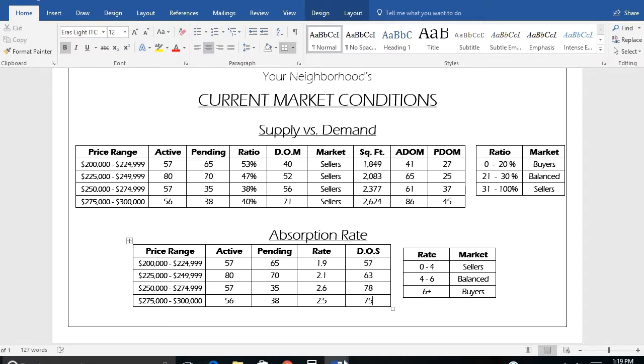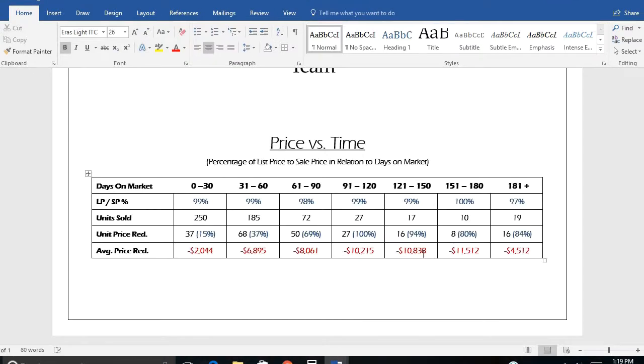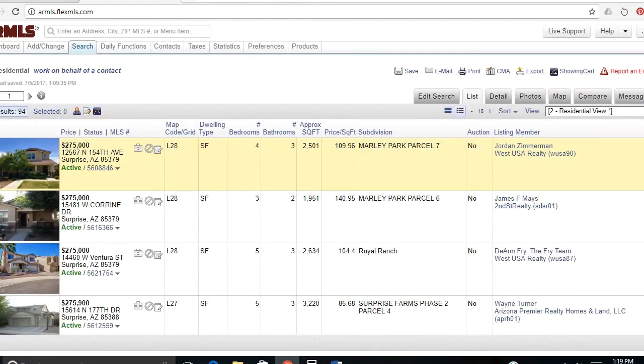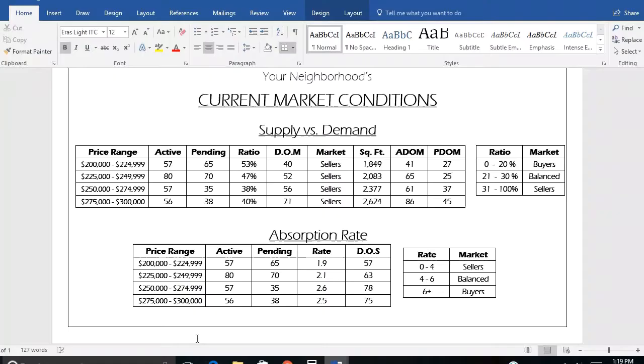All right, so the next one we're going to look at is that price versus time. Very simple. You want to keep the same search that you had in the MLS, with the same geographical area. The only thing we're going to change is the price spread we used, 200 to 300,000.